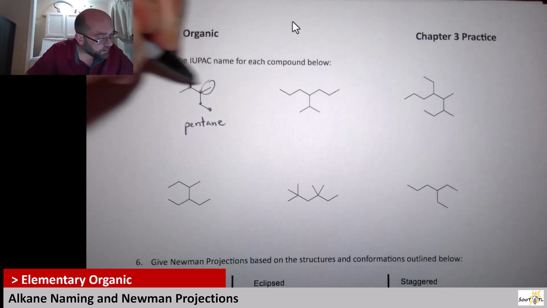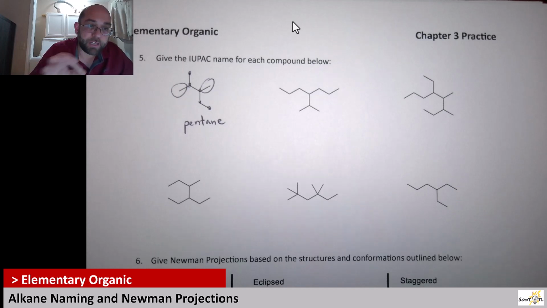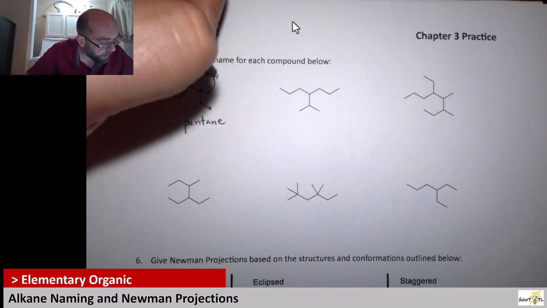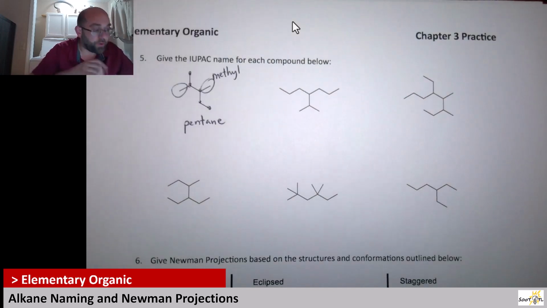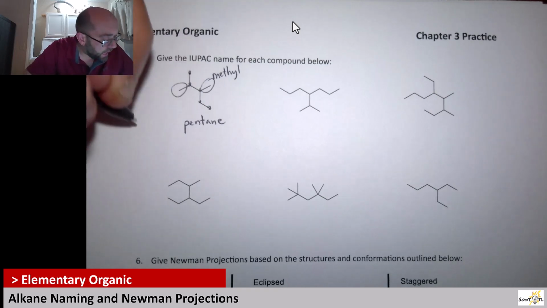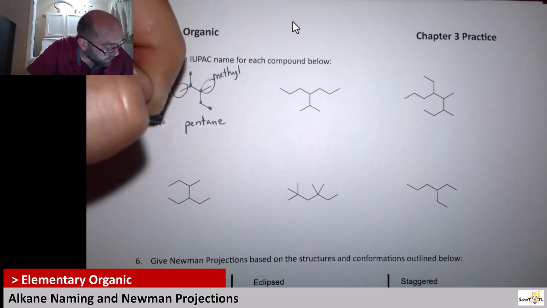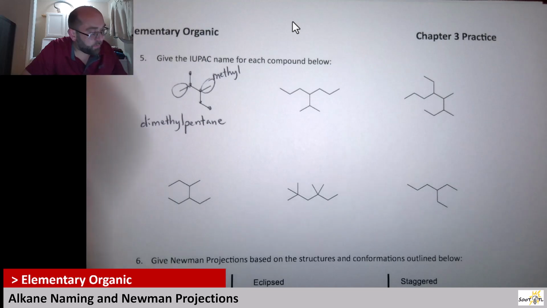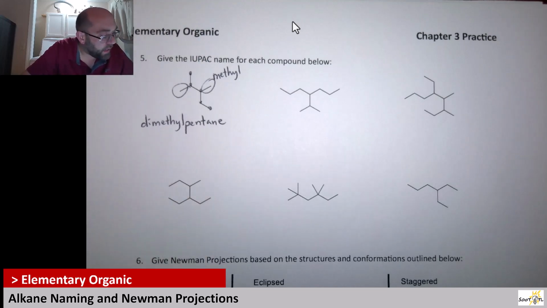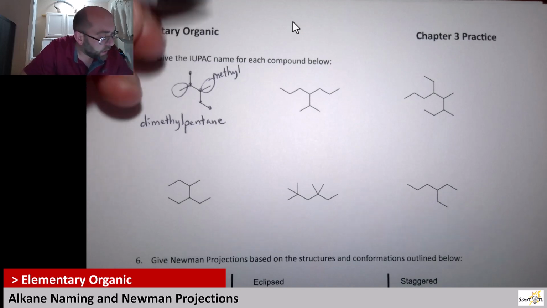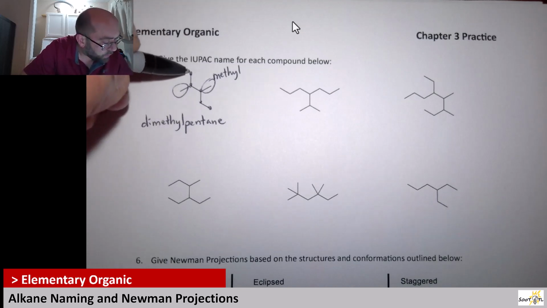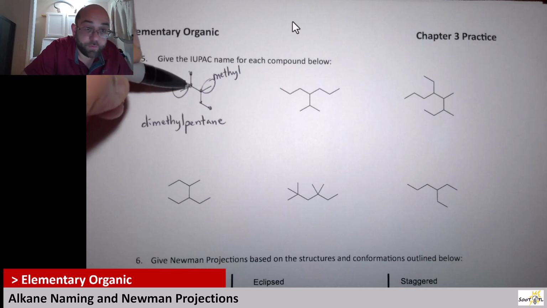And then we have these two 1-carbon branches coming off. So each one of these is called a methyl. And when there are 2 of them, we would say it's dimethyl. So I put the branches out in front of the parent. And then I need to find the locations or the numbers that I would assign to them. If I start up here, the first branch I get is at 2.